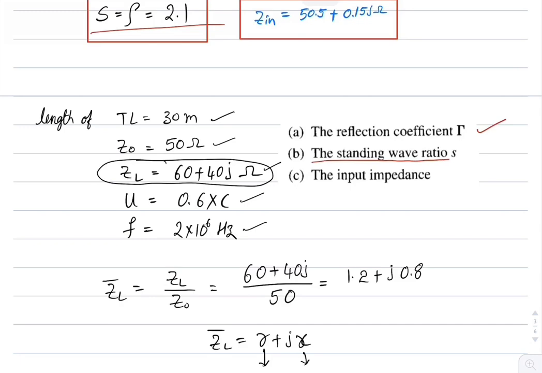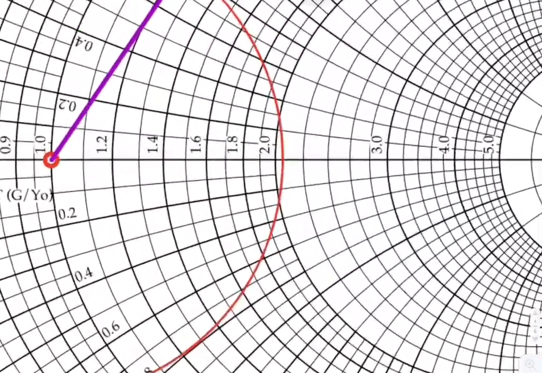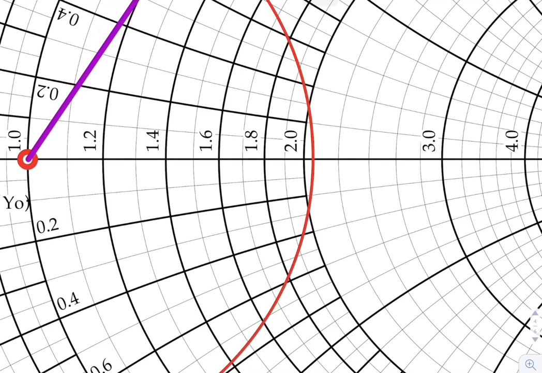The second point he asked is the standing wave ratio S. The circle that I have drawn here also represents the standing wave ratio, because if you have a value of mod gamma, then the standing wave ratio is 1 plus mod gamma divided by 1 minus mod gamma. Also, the point at which the gamma circle touches the real axis is our S value.